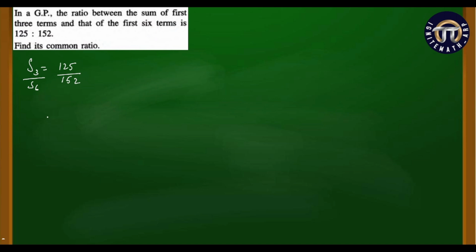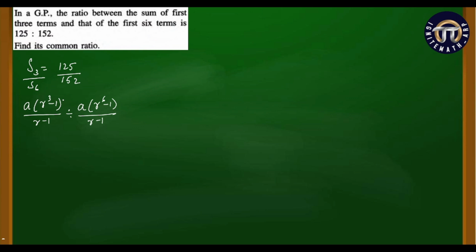You know that the sum of n terms of a GP is given by a formula. So here n is 3. So I can write this as a into r to the power of 3 minus 1 by r minus 1, divided by a into r to the power of 6 minus 1 by r minus 1.